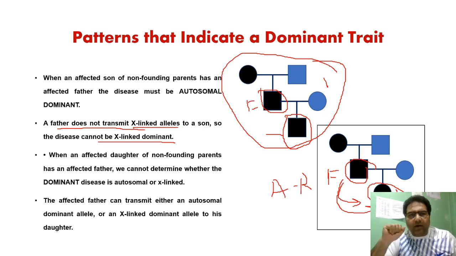If one has a healthy allele and one has a diseased allele, the healthy will prevail. So if the disease is present on only one X chromosome, it should be dominant.